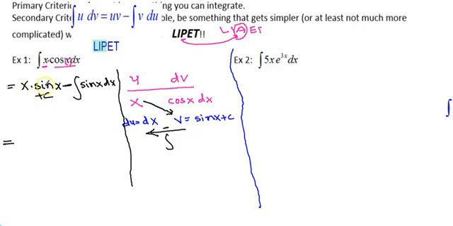Now x times sine x, leave it as it is, minus, what is the antiderivative of sine x? Now this is easy to do. The antiderivative of sine x is negative cosine x plus c, let me write that c also.